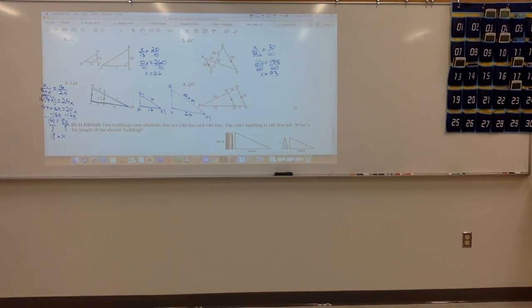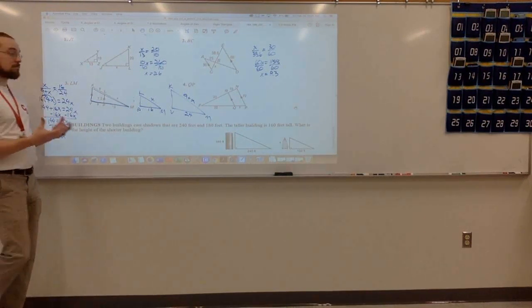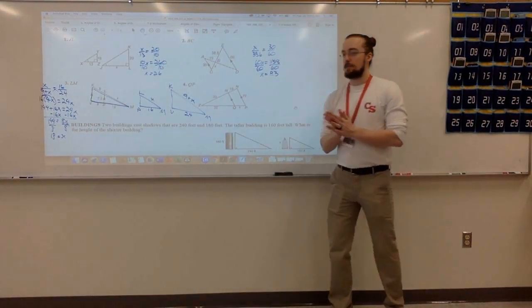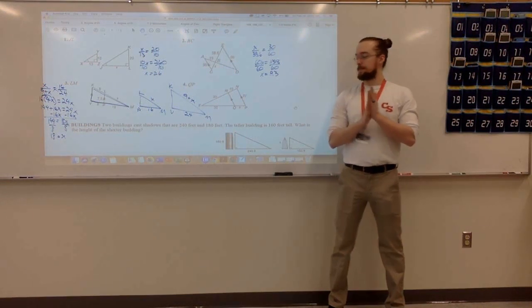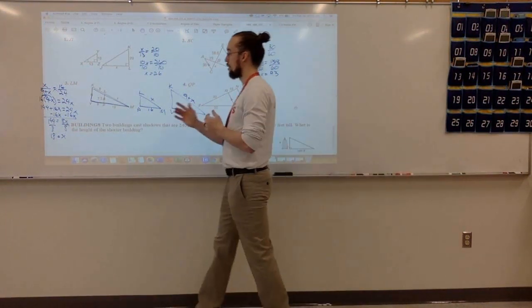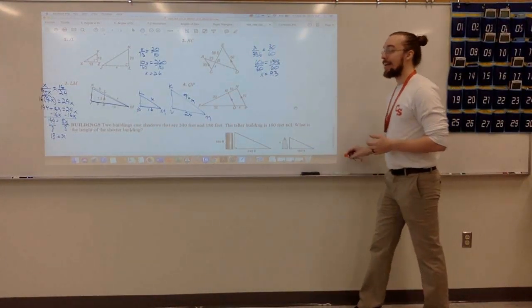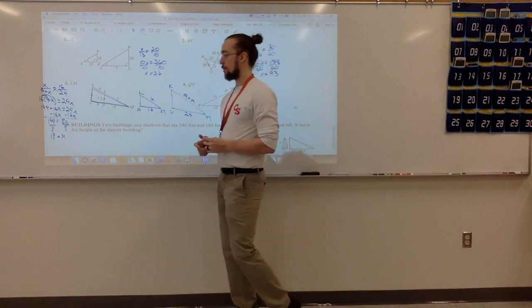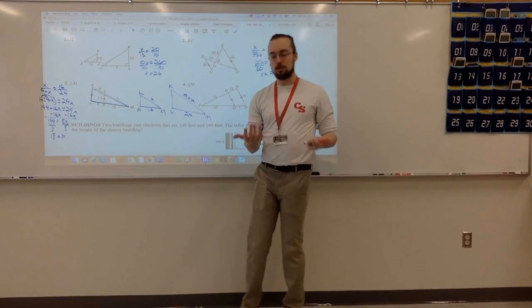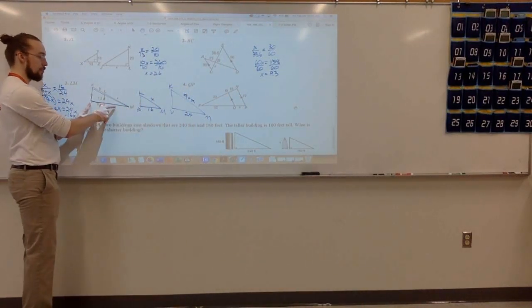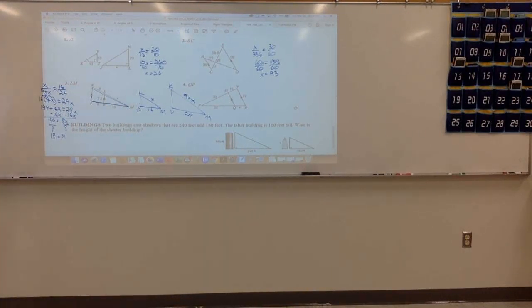So whenever we have a triangle within a triangle, we want to draw those two triangles separately and then match up corresponding pieces. Okay? The only potentially tricky part when you're drawing a larger triangle is you have to make sure you're adding different pieces to get the entire length. Okay? Questions?